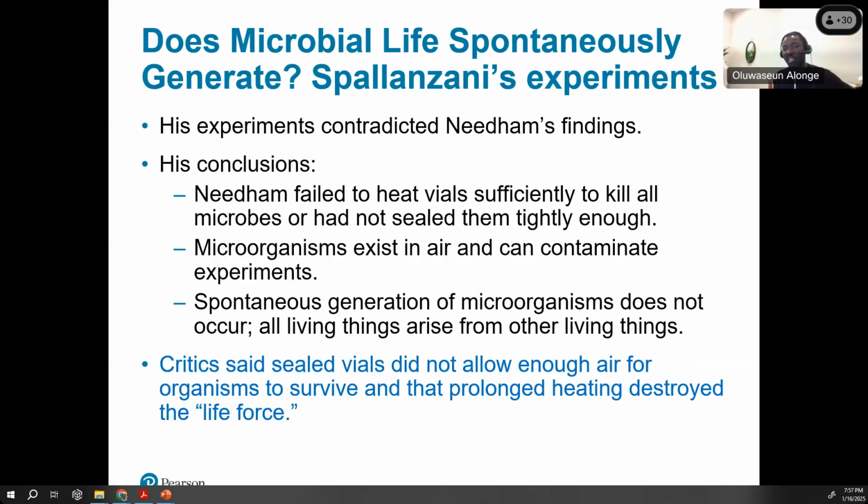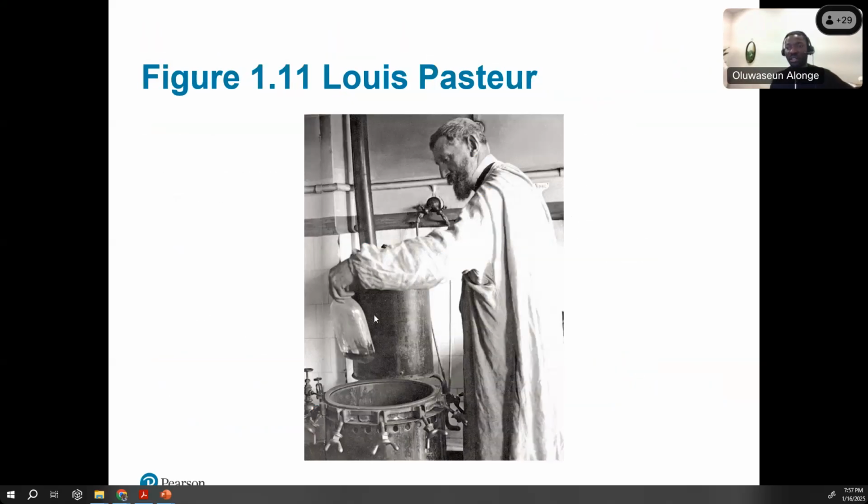And the third one that he didn't cover very well, the microorganism that exists in the air, got access into that. And that was why they grew up there. So spontaneous generation of microorganisms does not exist. All living things arise from other living things, which is the cell theory. The cell theory in biology says that cells exist from pre-existing cells.